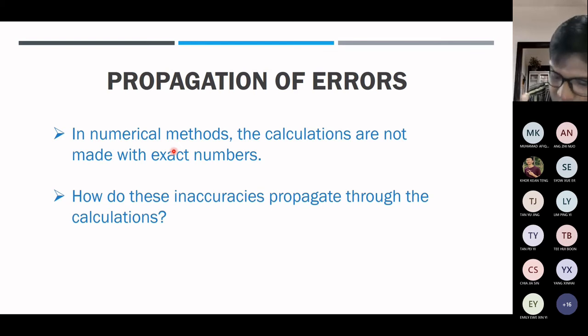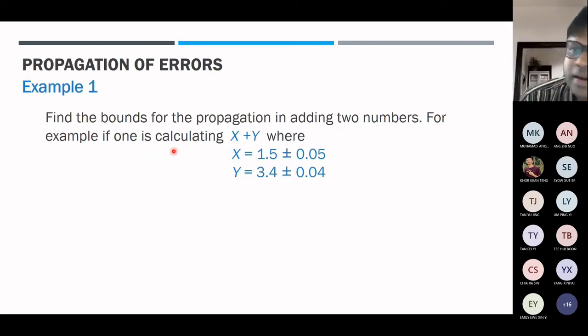So we see some formulas for how we carry out the determination of the propagation errors. Take a look at this example. Find the bound for the propagation in adding two numbers.